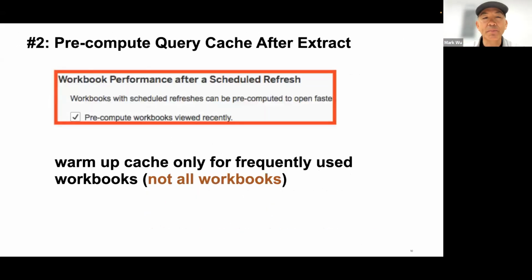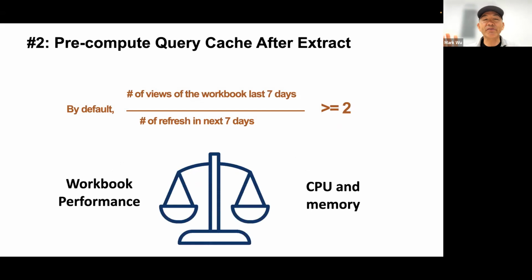The second setting is pre-compute query cache after extracts refresh, or cache warm-up. It actually only warms up the most frequently used dashboards, not all the workbooks using extracts. Be aware, only the frequently used workbooks. What do I mean by frequently used? The definition is in the context of the number of extract refreshes.